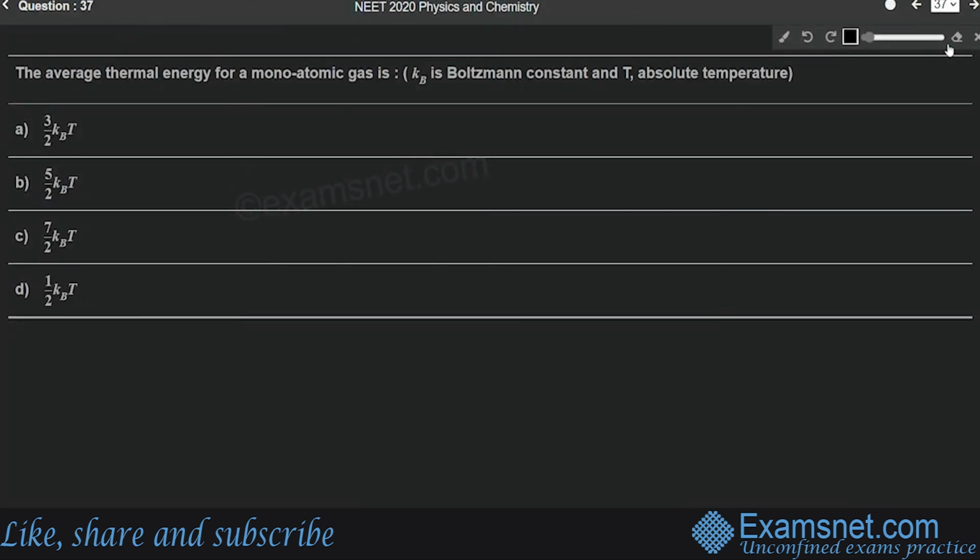Question number 37 is from kinetic theory, and the question is, the average thermal energy for a monoatomic gas is. Okay, so Kb is the Boltzmann constant and T is absolute temperature. So what is the formula for average thermal energy? It is equal to degree of freedom into half kT, where k is the Boltzmann constant, therefore it is also written as Kb, and T is the absolute temperature.